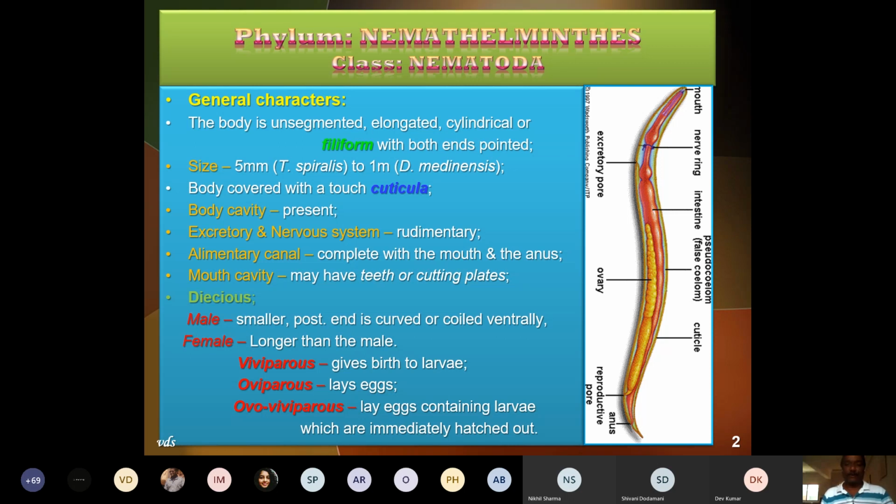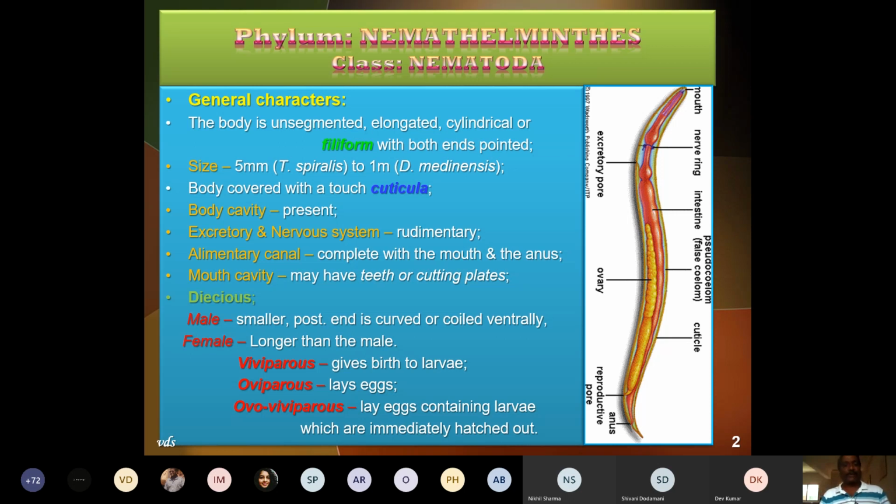Alimentary canal, most importantly, is complete with the mouth and the anus, as we have discussed previously during the comparison between the other two classes. Then, these are dioecious parasites. The sexes are separate. The male and the female parasite are separate.